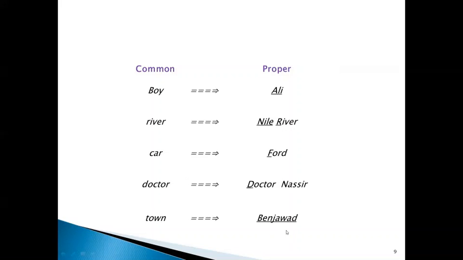But when you say Sirte, Benghazi, Tripoli, Misrata, or any name of a specific city in Libya, it will be what? A proper noun, since you mentioned the specific name.